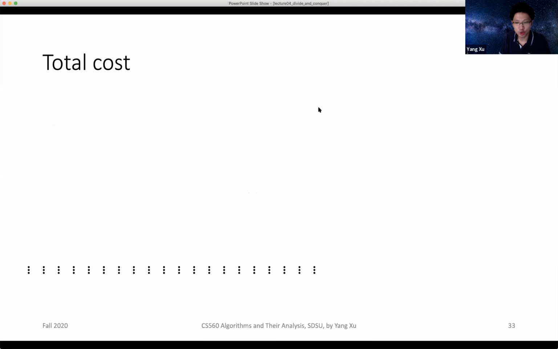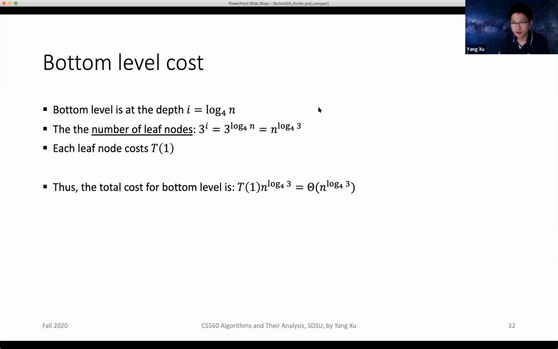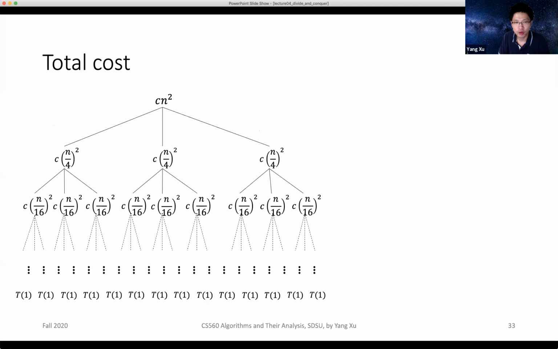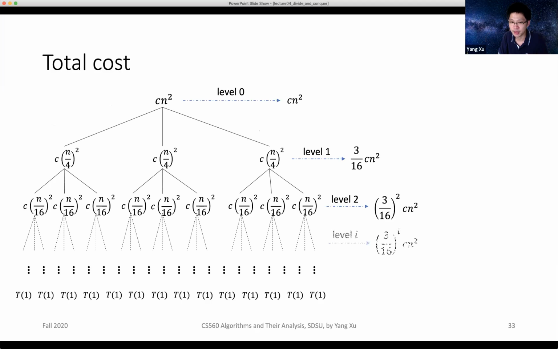Now we basically have everything we need to obtain the total cost, that is the summation for all the nodes in the tree. We list all the nodes here, and for each level, the summation can be described by a geometric series.